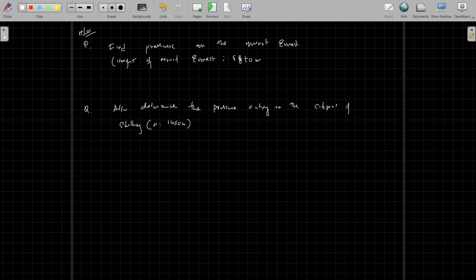Compare these two. Compare where the pressure is higher, compare it with the pressure at Mount Everest. Okay, so these are the two questions which you can try out.